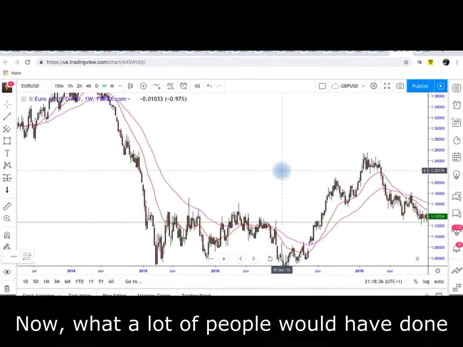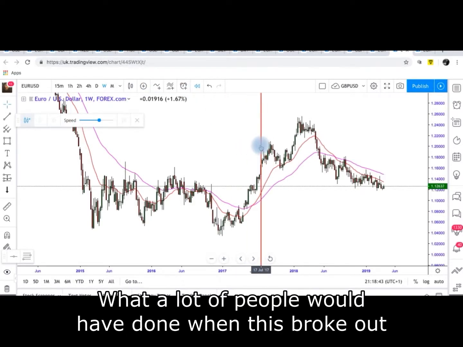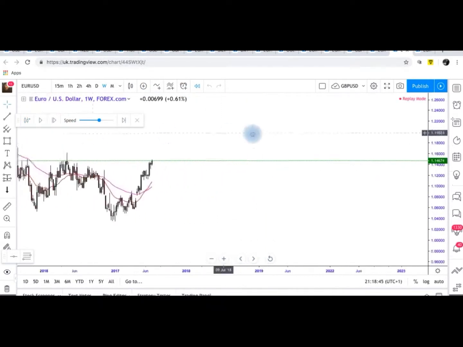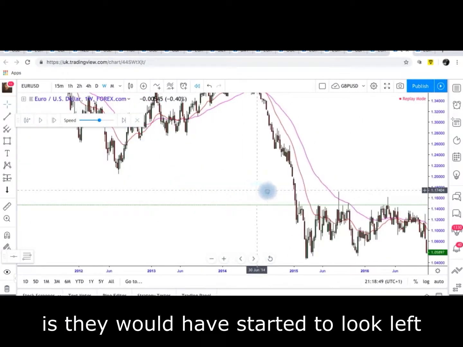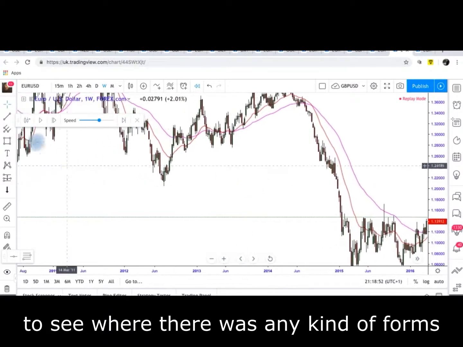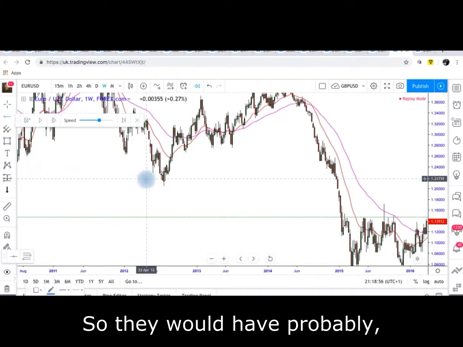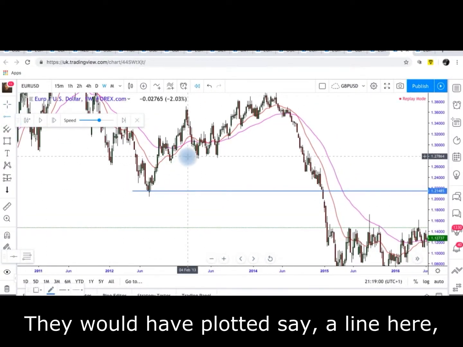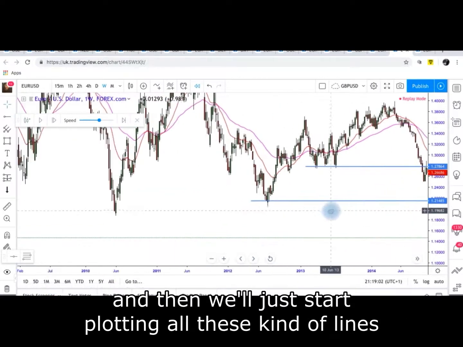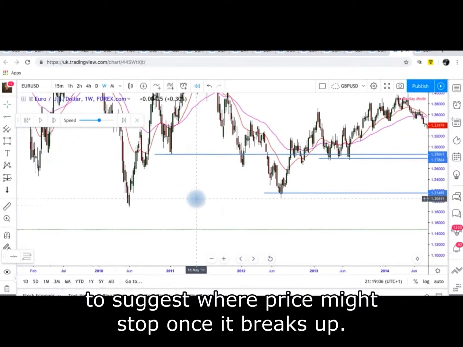Now, what a lot of people would have done, let's just do a bar replay, what a lot of people would have done when this broke out is they would have started to look left to see where there was any kind of previous support and resistance. So they would have probably plotted a line here, and a line here, and started plotting all these kinds of lines to suggest where price might stop once it breaks out.